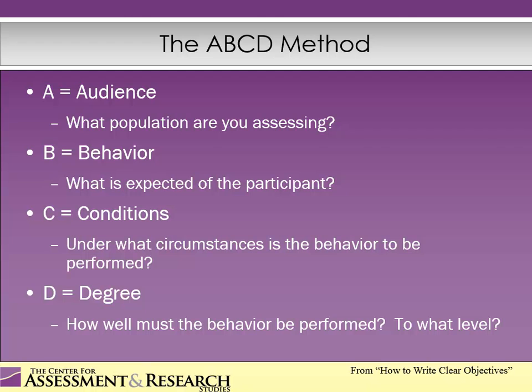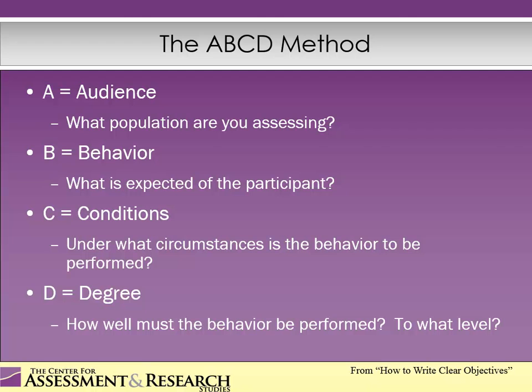The behavior element indicates what is expected of the participants. Remember, the described behavior should be observable and measurable. Examples of verbs that could be used to write this part of the objectives include demonstrate, select, categorize, participate, among others.